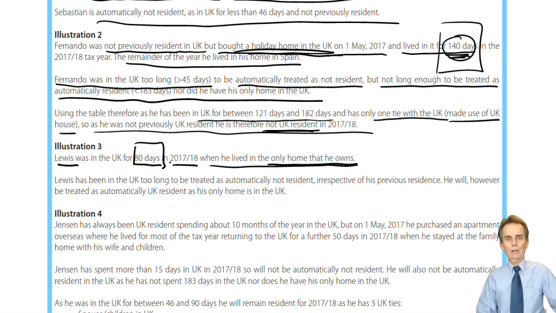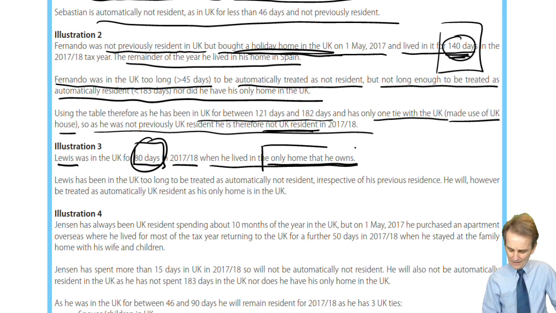Do we rank as automatically UK resident? Well, not based on 80 days, because he's not in the UK for 183 days or more, but that is the critical information here. His only home is in the UK.